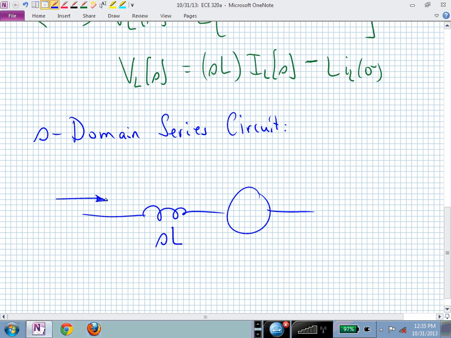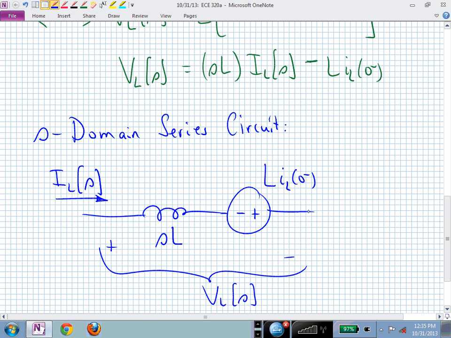I'm going to assume now that my current in the frequency domain is flowing consistently with the direction that I defined in the time domain, and my voltage dropped across that inductor now has to contain both pieces that make up that description. I get the first part on the right-hand side by multiplying that impedance SL times I sub L of S, and then I go into that voltage source, into the minus terminal, and the voltage source has a value of L times I sub L of 0 minus.